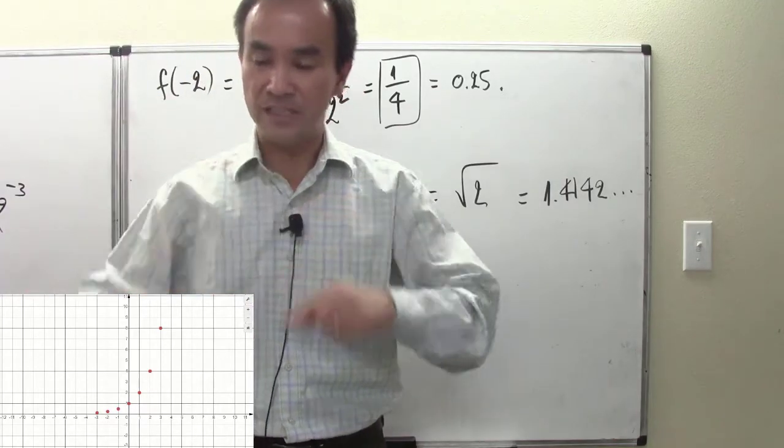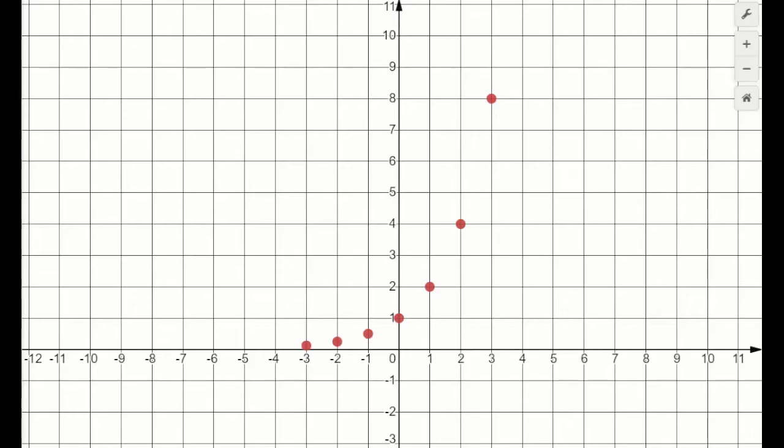It's rising slowly for those points to the left of the y-axis, but then it starts rising vertically and rapidly when those points appear on the right-hand side of the y-axis.